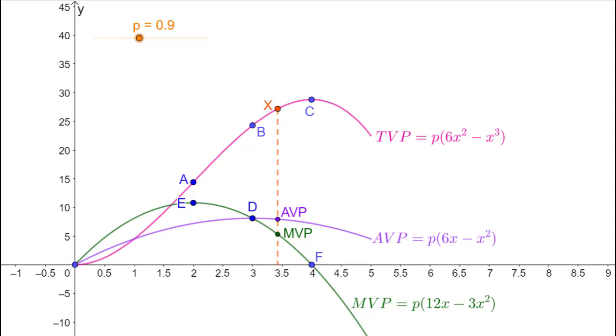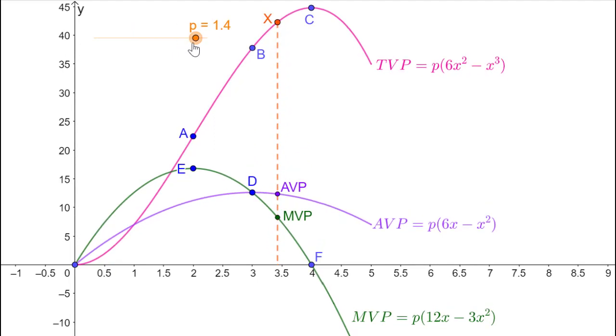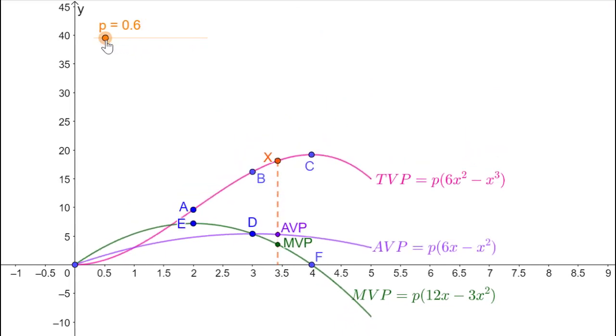The only difference here is that the TVP, AVP, and MVP, as you can see here, are scaled by P, which is the output price. So if I change the output price, you can see that, just as I said, the curves are scaled by P. And if I make P smaller, then they're going to shrink.